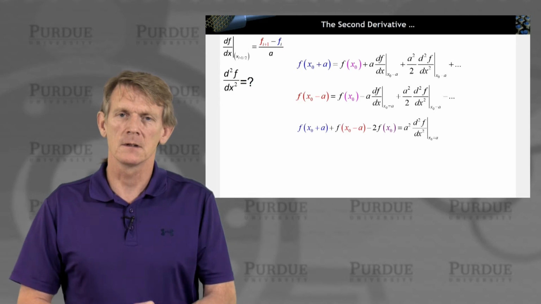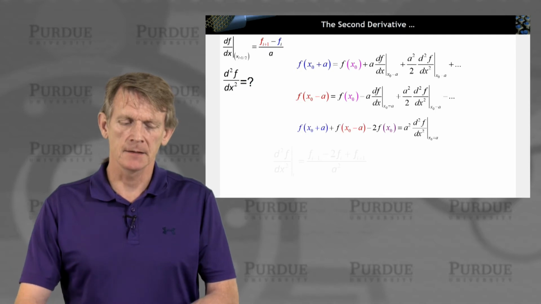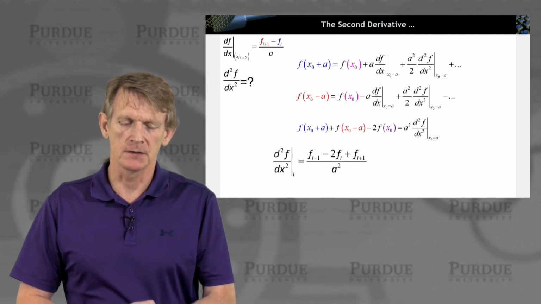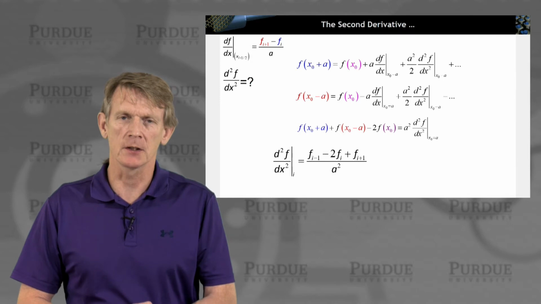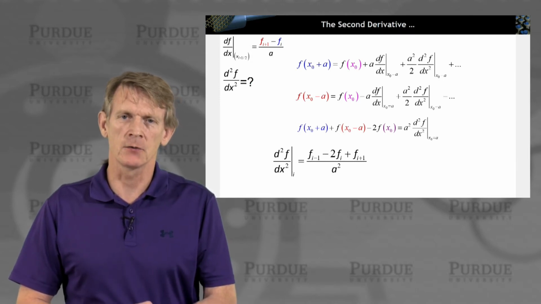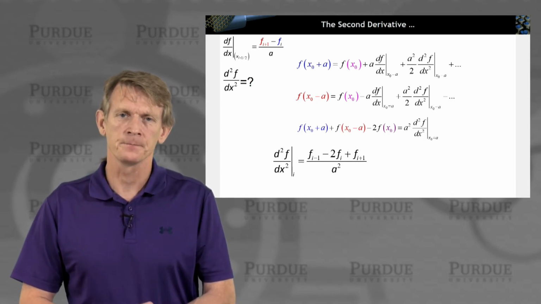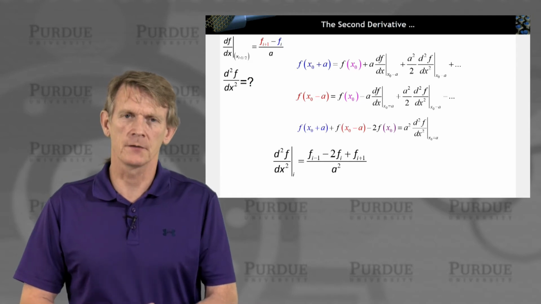You add these two expressions, and then you can build out the second order differential in this form, where you look one site to the left and one site to the right, and you have two elements on the side, and that's a second degree expansion for the second order differential.